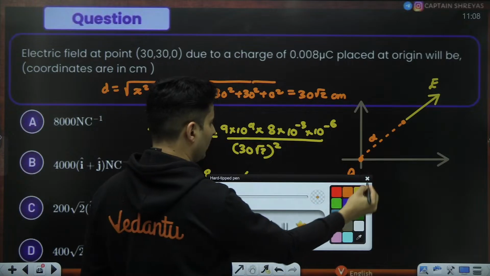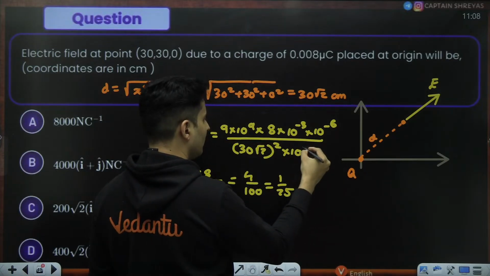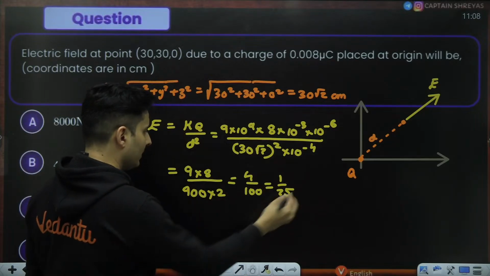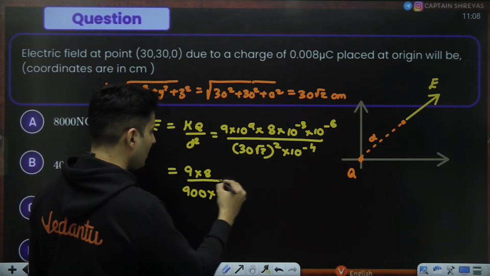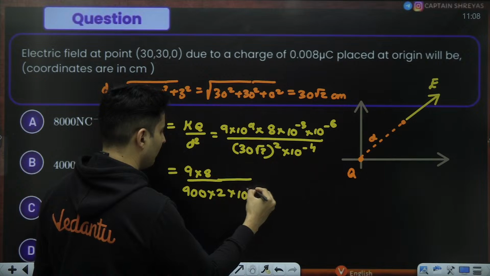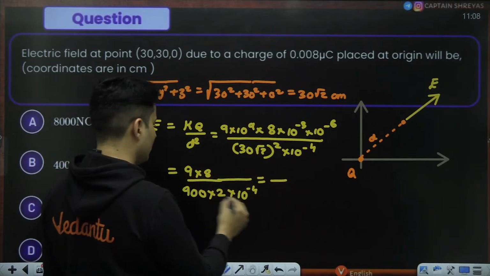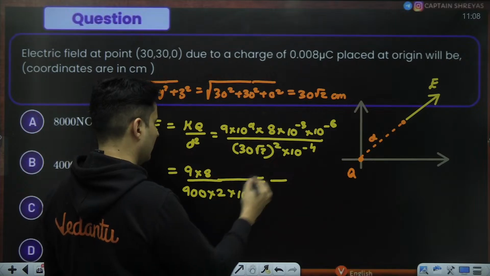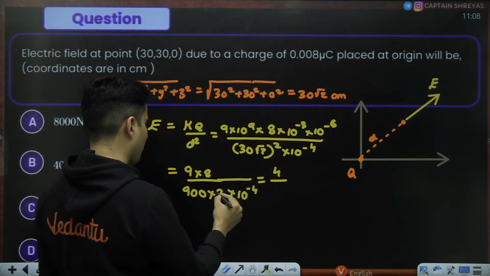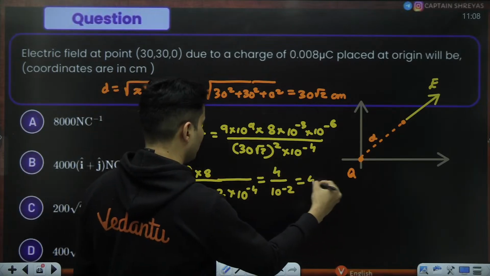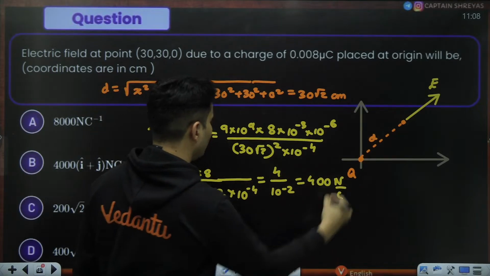So when I multiply over here, there should be 10 to the power minus 2 square, so minus 4. So everything will change. So into 10 to the power minus 4. So 9 cancels, these two 0s cancel, 8 and 2 cancel, so 4 will be there. And this will become 10 to the power minus 2. So it will be 400 Newton per Coulomb.